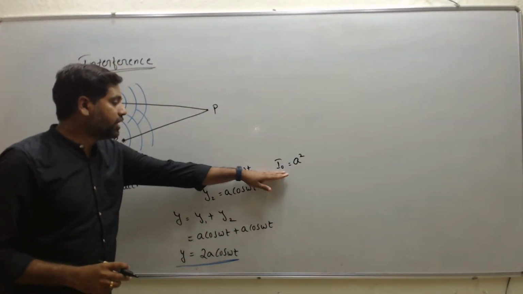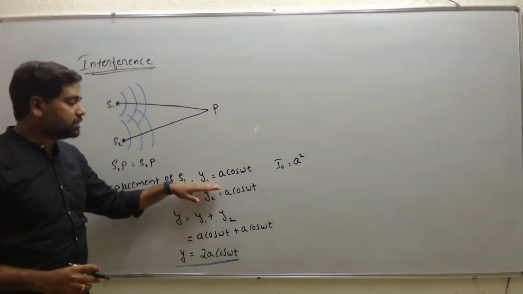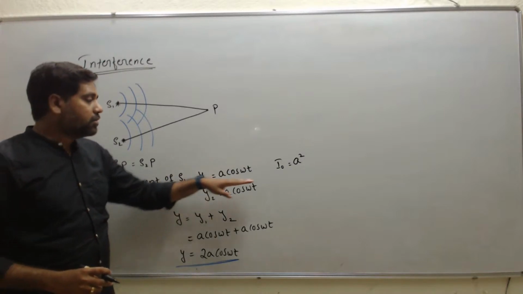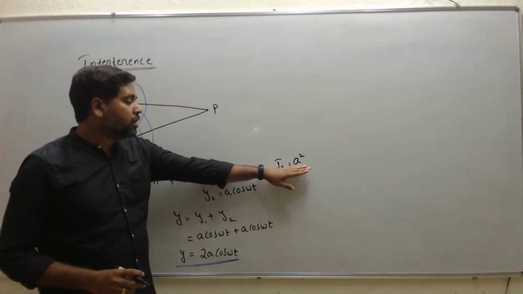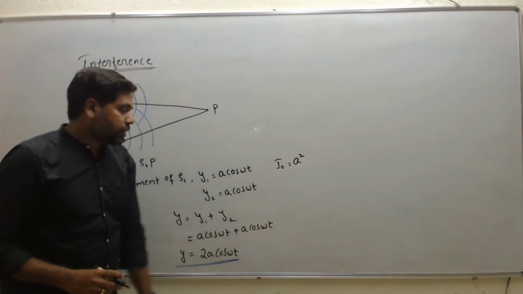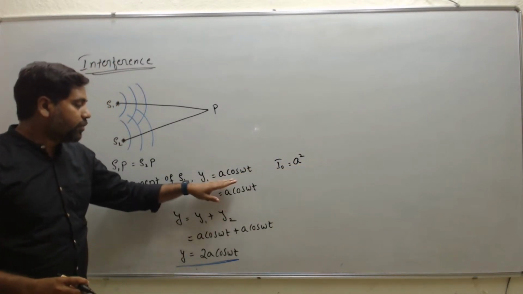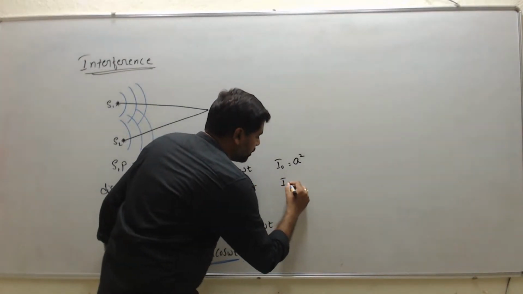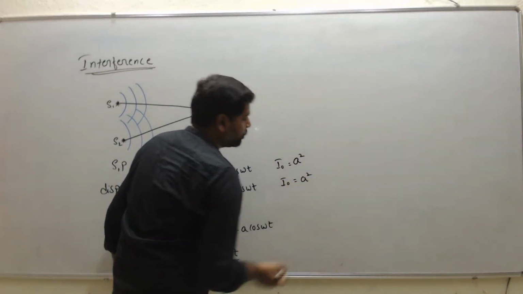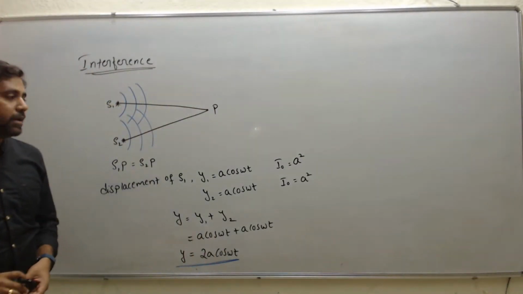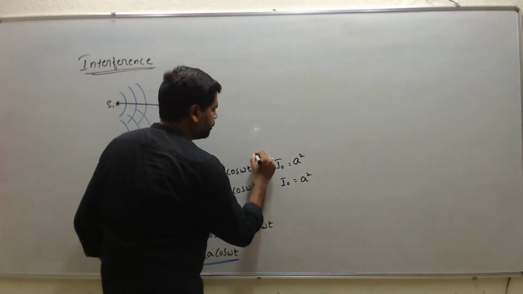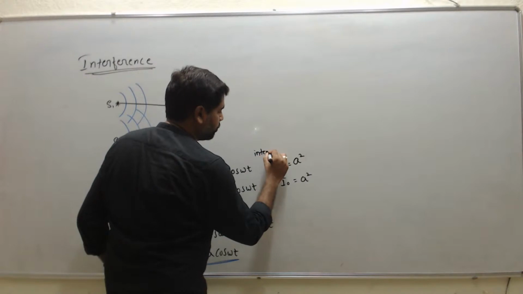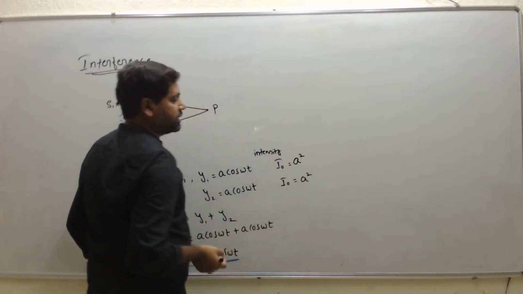That is the intensity of the wave y1, I naught is equal to a square. Here y1 is equal to y2, so the intensity can also be written I naught is equal to a square, right? Here I is the intensity.